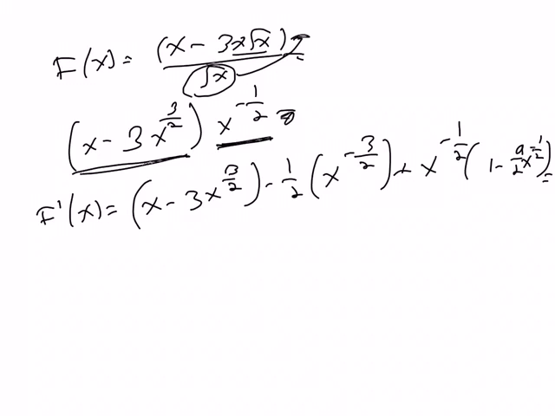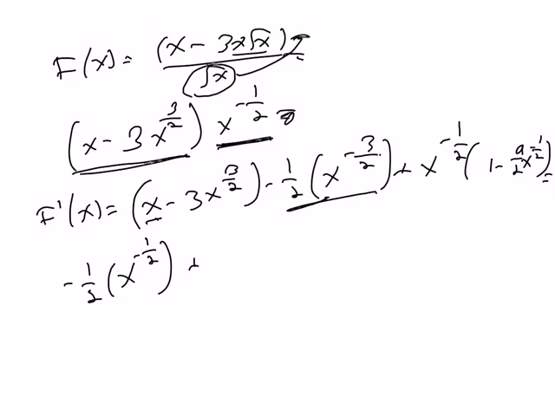Okay, so now we have to simplify this. So what do we get? Over here we get negative a half. And then we have x times that, so this is 1, so this is going to be x to the negative a half, plus, so that's that times that, right?